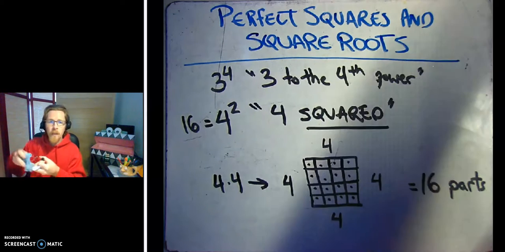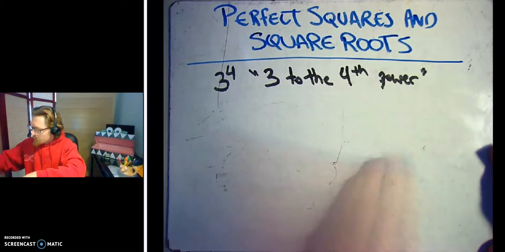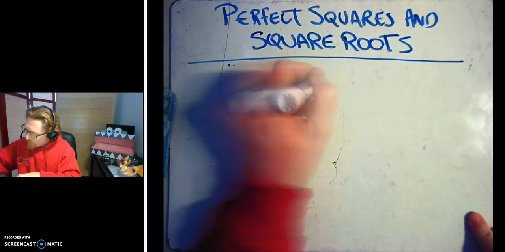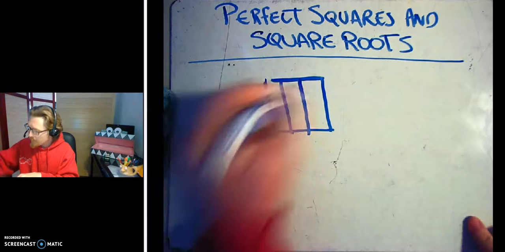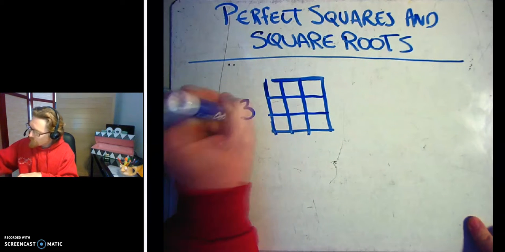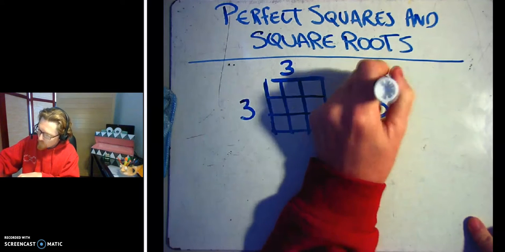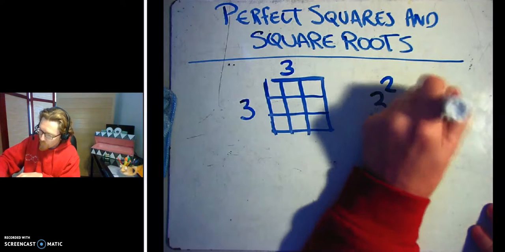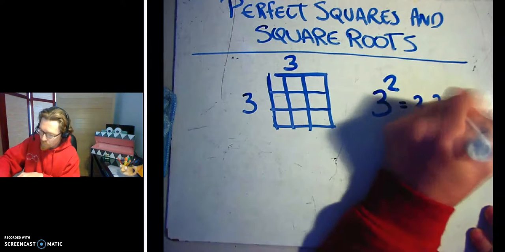And just to show you, this actually works with all of the numbers when you square them. So again, let's just take a look at a square. And let's say this time I cut the square into 3 equal parts one way, and I cut the square into 3 equal parts the other way. So this side is 3, and this side is 3. Well, I can say this is 3 squared, and 3 squared is equal to 3 times 3, which is length times width, and 3 times 3 equals 9.